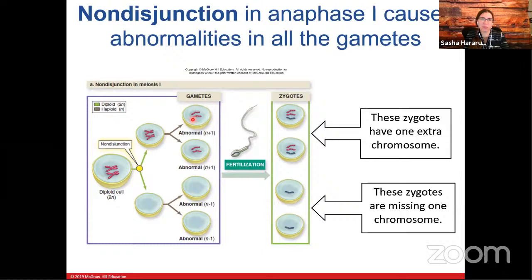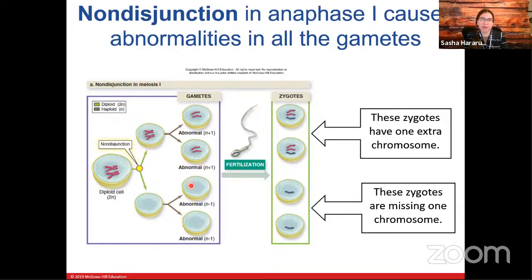As a result, if a diploid gamete meets with a haploid gamete, we will have zygotes with three chromosomes instead of 2. So the zygotes will have 1 extra chromosome if there is non-disjunction in anaphase 1. And non-disjunction is when the chromosomes are not separated in a proper way. Basically, when the chromosomes are pulled to one cell and no chromosomes are pulled into the other cell.